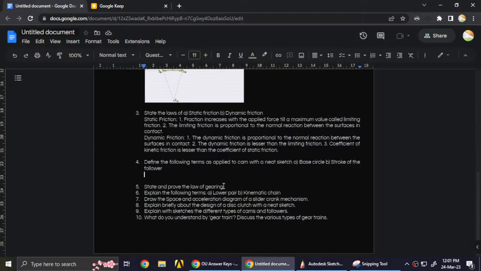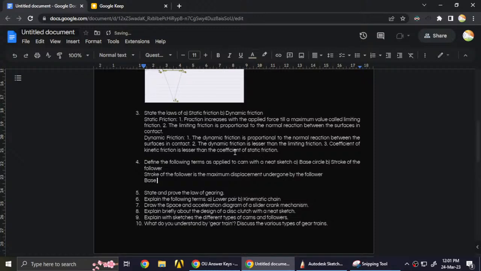Okay, so we can just type this over here. Stroke of the follower: the maximum displacement undergone by the follower.